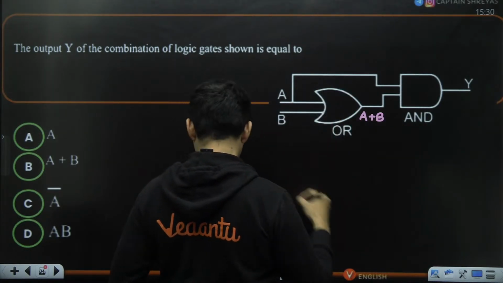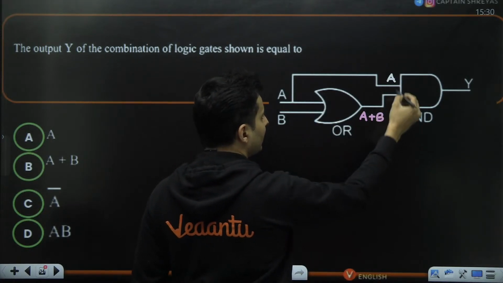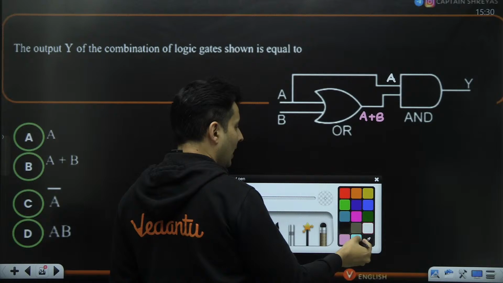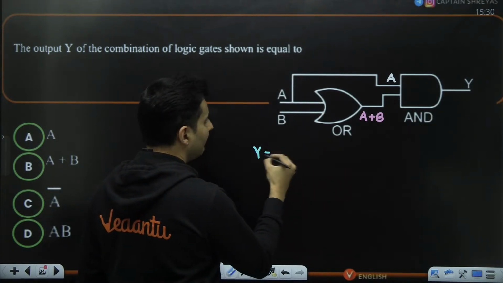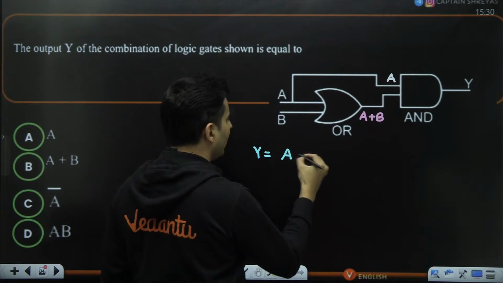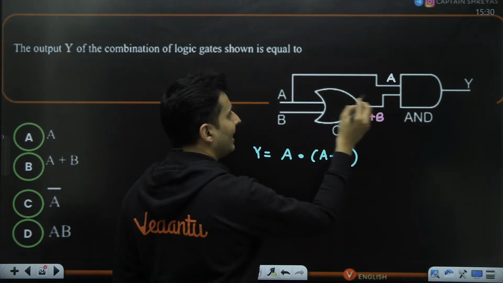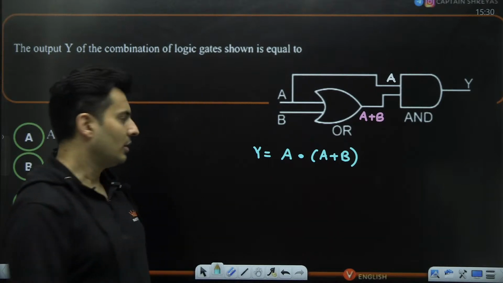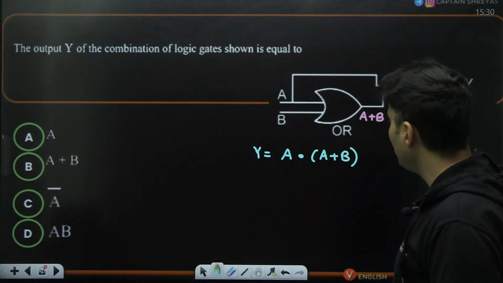Whatever this A is will continue forward till this point. This and this will be ANDed. AND means dot. So the output Y will be the AND operation of A dot (A plus B). Now you will be wondering, what is A dot (A plus B)?